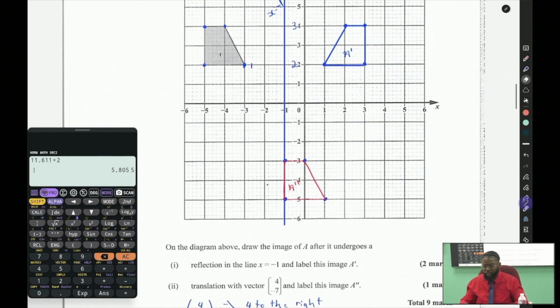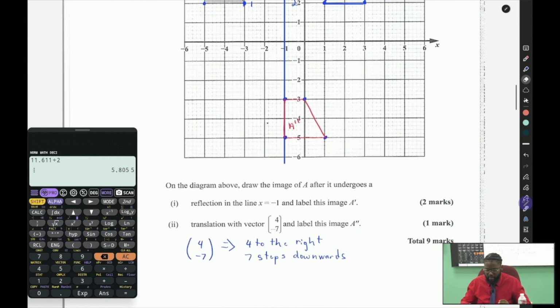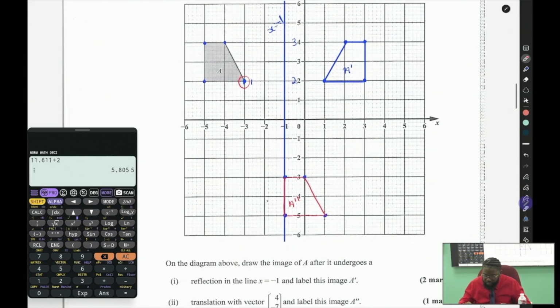So that is the quickest way. However, if you want to use the calculative way where you find each point of the trapezium and then translate, let's say this first point here, (-3, 2).